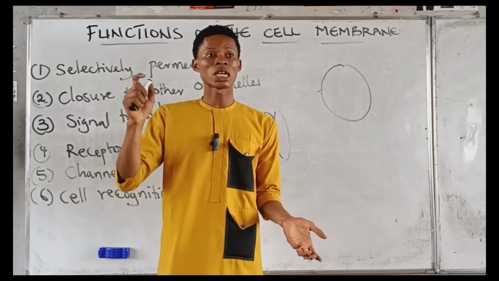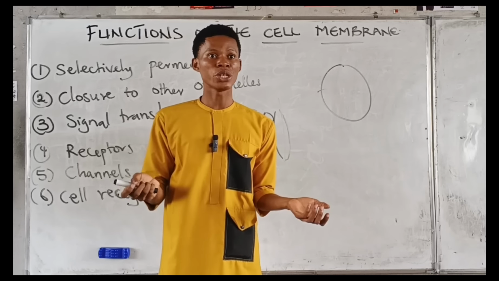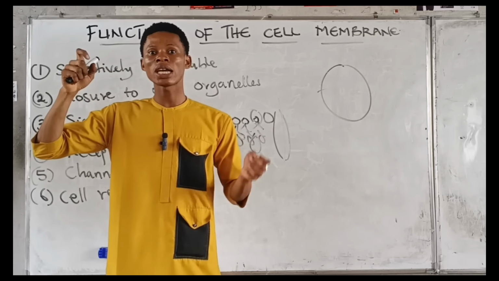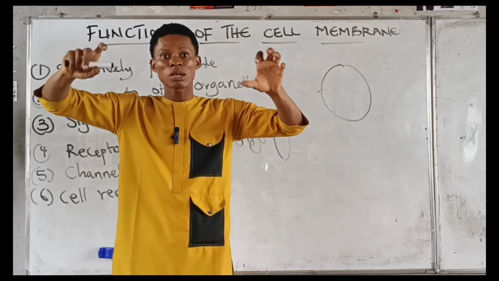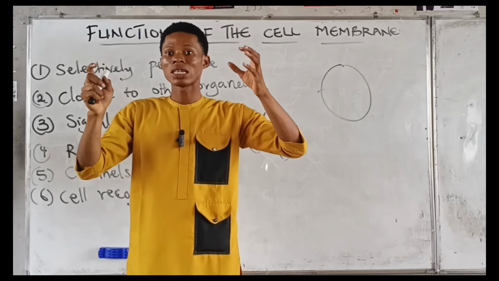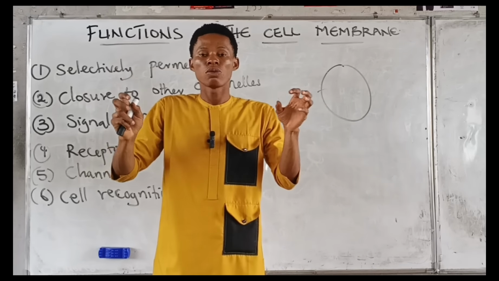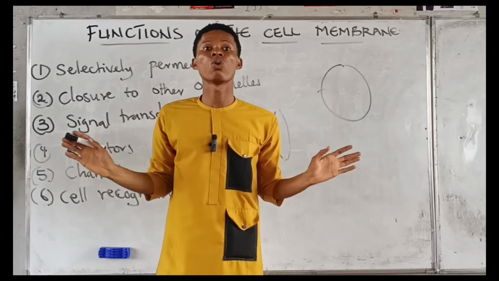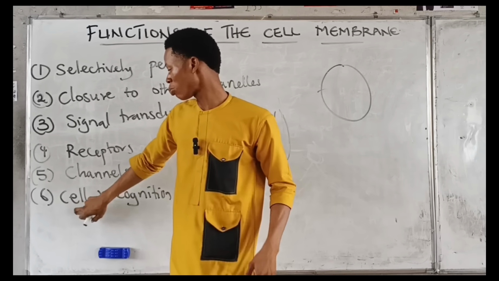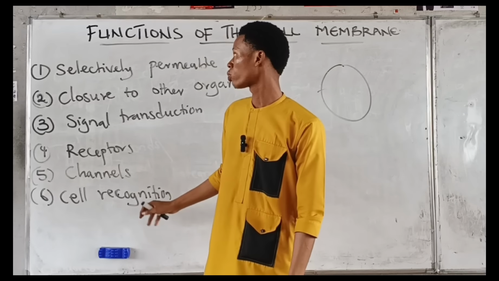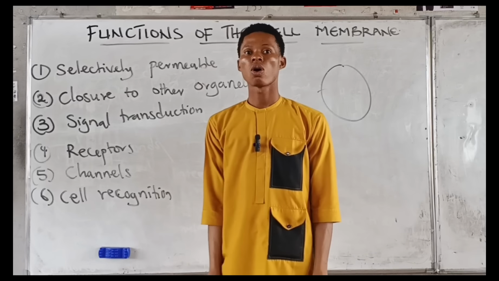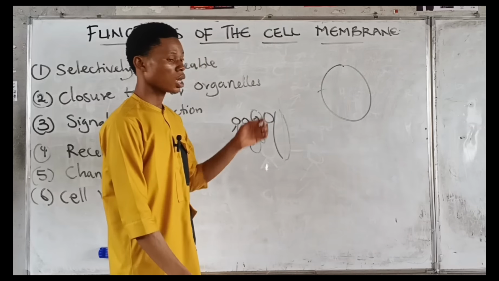A. If it is antigen B, your blood group is B. If you have both antigen A and antigen B on the surface of that red blood cell, we say your blood group is what? AB. But if you don't have any antigen on that red blood cell, we say you have blood group what? O. So it helps in cell-to-cell recognition. So these are some of the functions of the cell membrane.